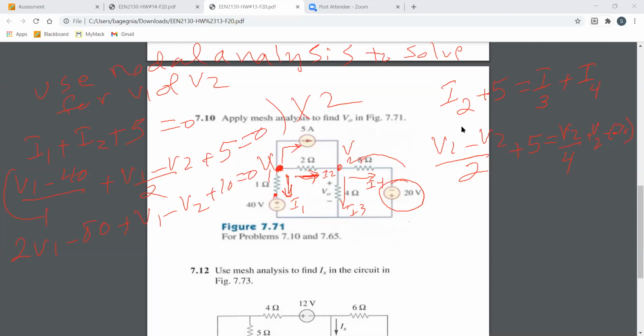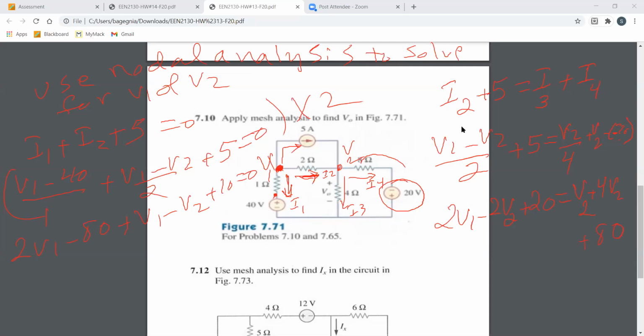Okay, and then multiply by 4, so it will be 2V1 minus 2V2 plus 20 equals 4 times V2, so we'll cancel the 4, plus 4V2, because we multiply everything by 4. Okay, so 4 over 4 will be V2, 4 times V2 is 4V2, and then plus 20 times 4 is a plus 80.